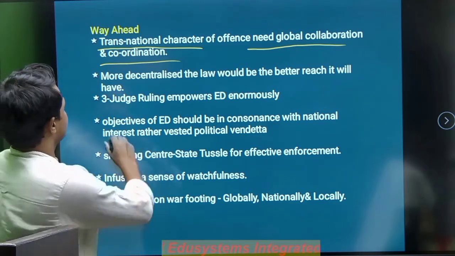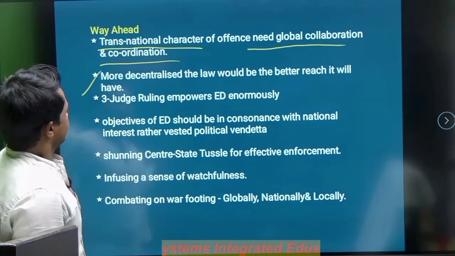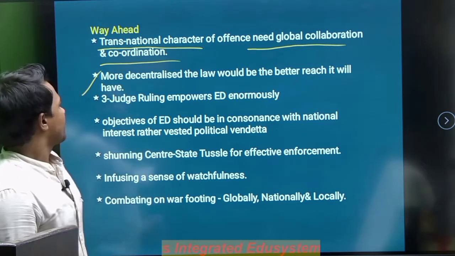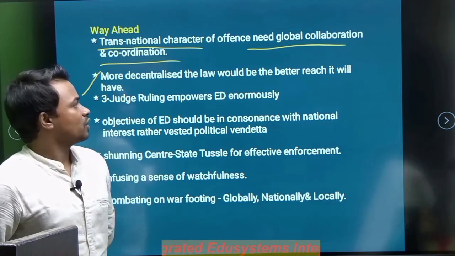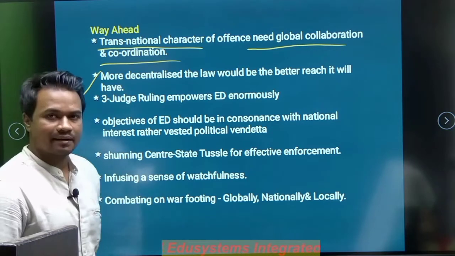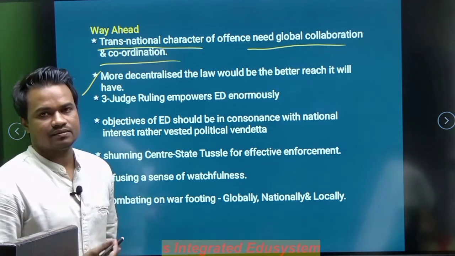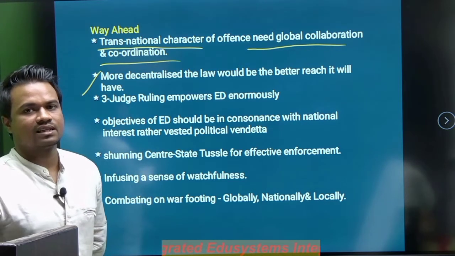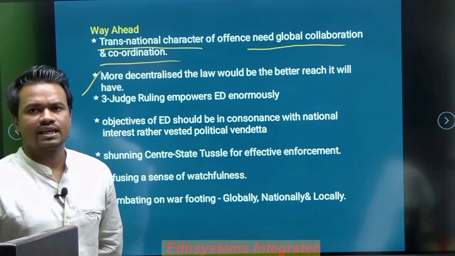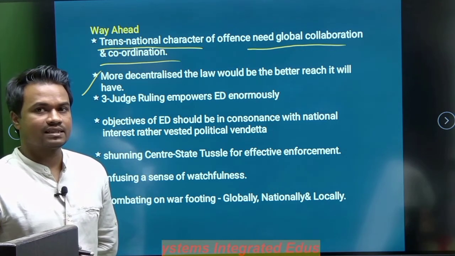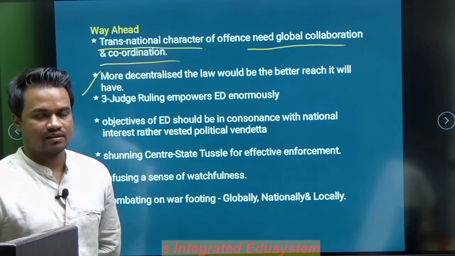And the next is, in the Indian context, the more decentralized the law is, the better reach it will have. This is important: in India we are discussing the Prevention of Money Laundering Act, and that is a completely centralized act.